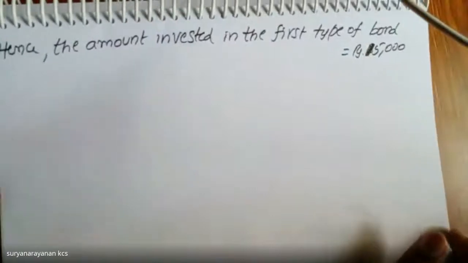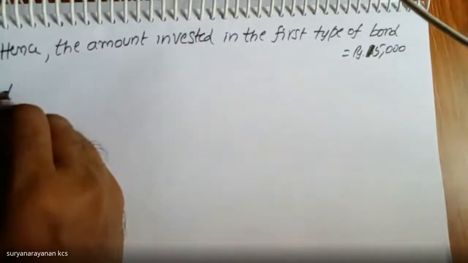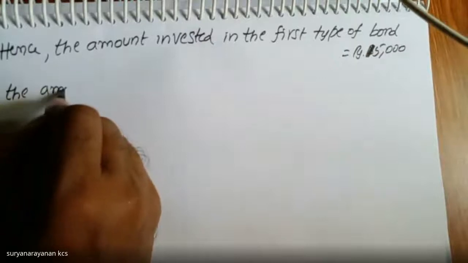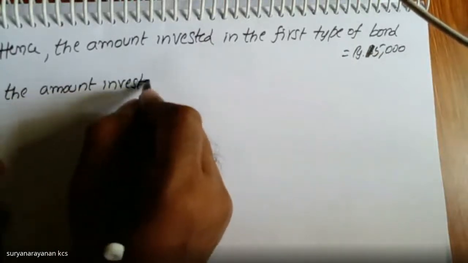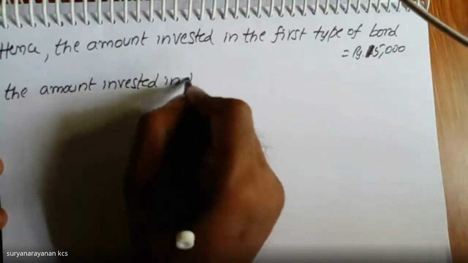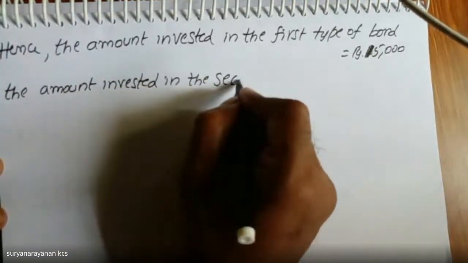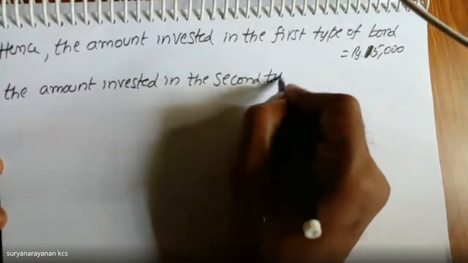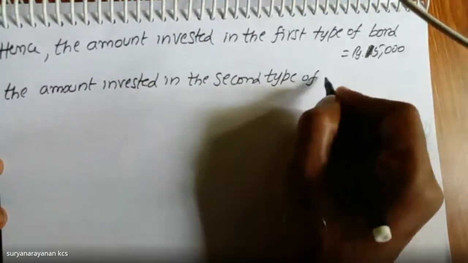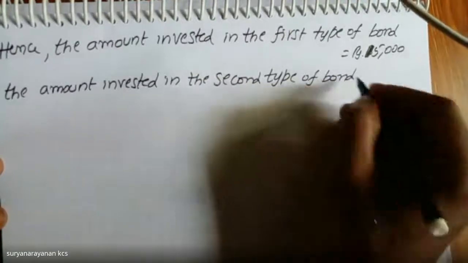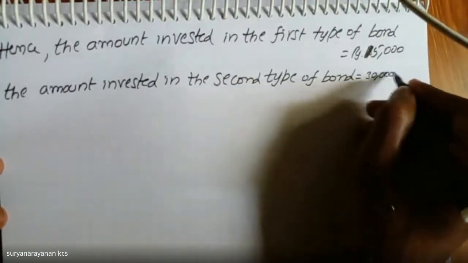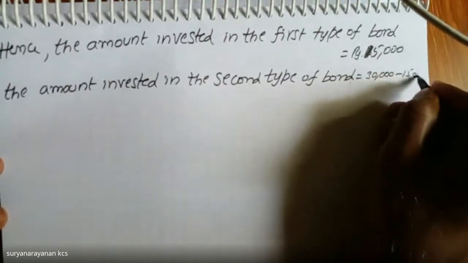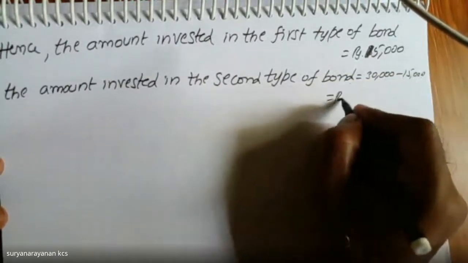So the remaining amount is equal to 30,000 minus 15,000, that is 15,000 rupees.